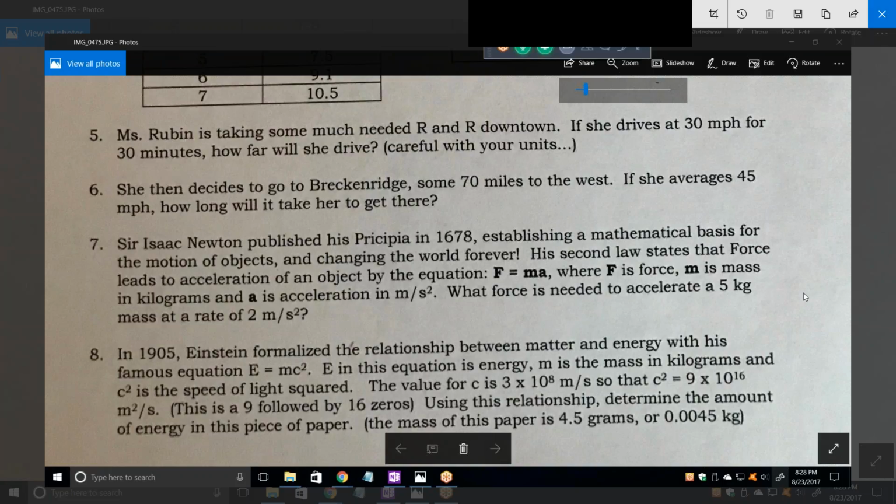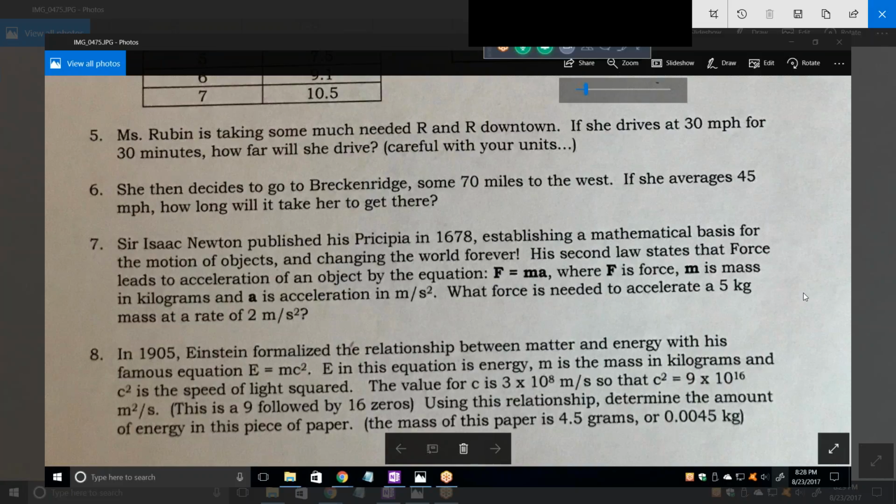Careful with your units. Whenever you're dealing with rate, time, and distance, what's the equation that is the master equation? So if she drives, so it'd be start with the master equation. Forget the problem for a moment. All we know about this is that it's a rate, distance, time problem.